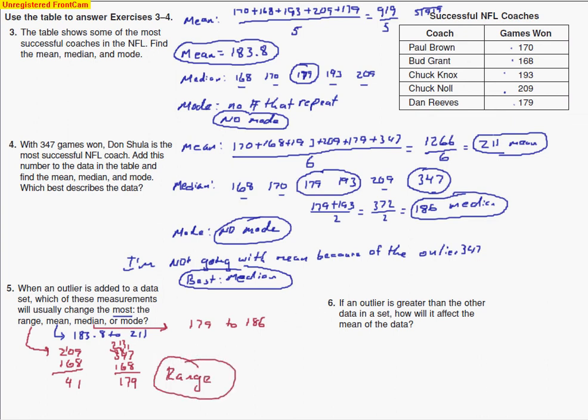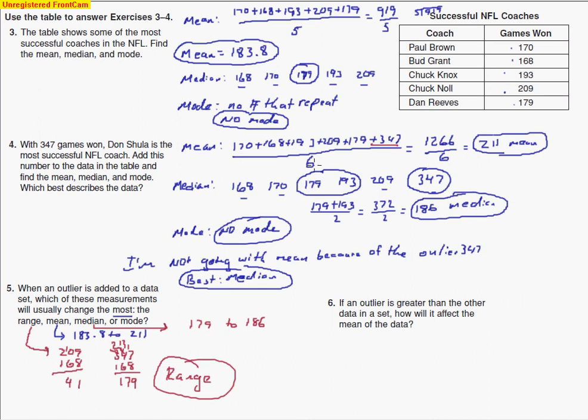Well, if an outlier is greater than the other data in the set, how will it affect the mean of the data? This is kind of what I've been talking about quite a bit. Look at what happened here. We had to add that 347, and that number is quite a bit larger than all of these other numbers.